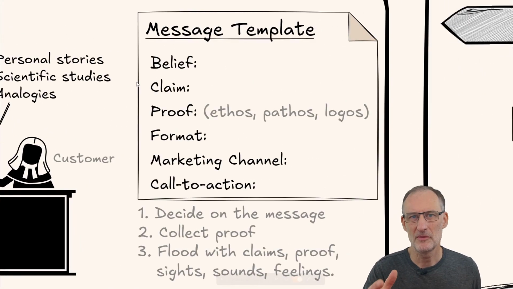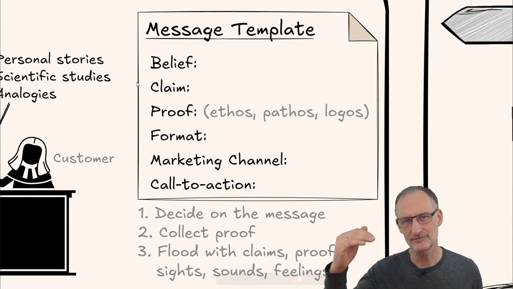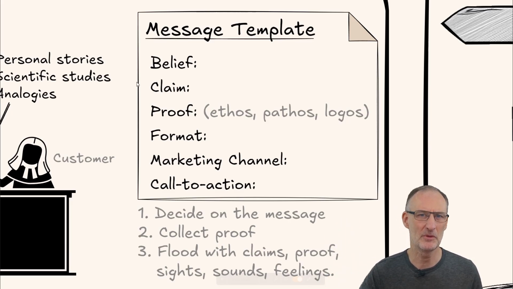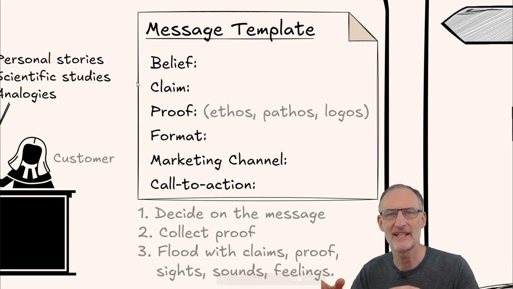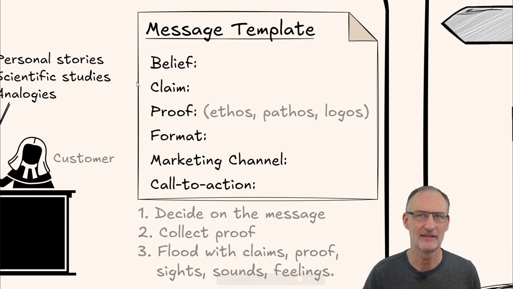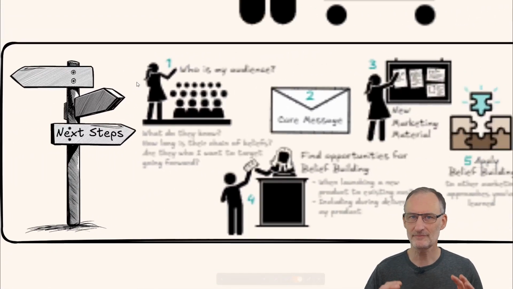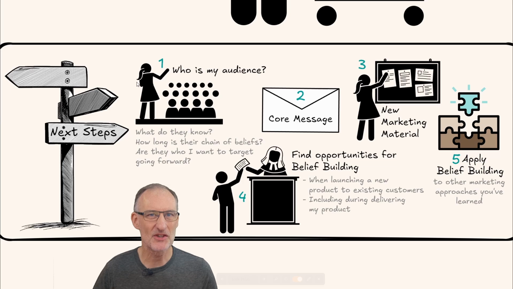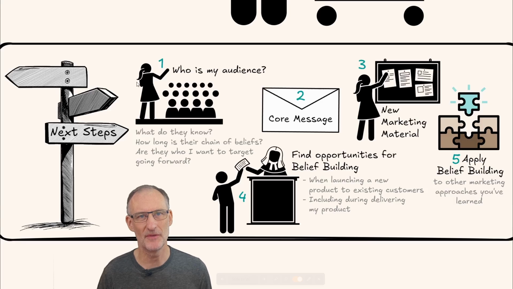And Tiago provides this very simple recipe in the book in terms of how you can create messages: decide on the message, collect proof, and then flood your content with claims, proofs, sights, sounds, feelings, everything. So that's great, Jolt, you might say, but where do I go from here? Billy offers 5 steps that you should follow.